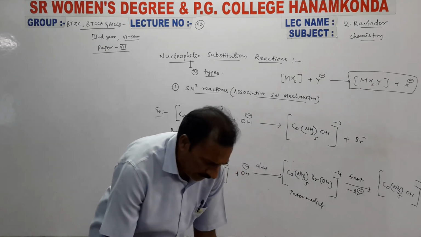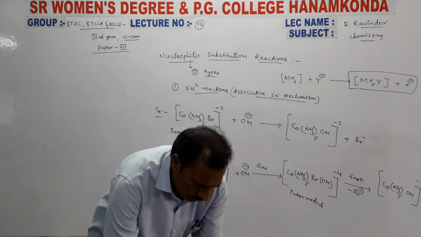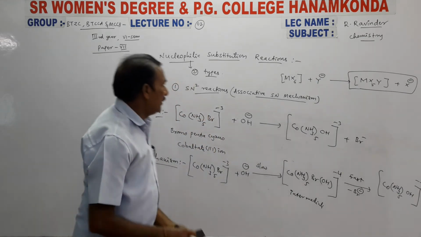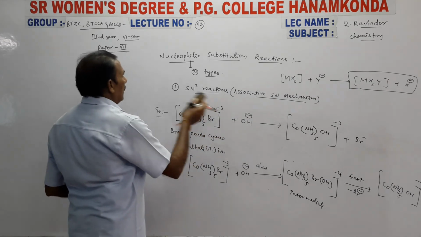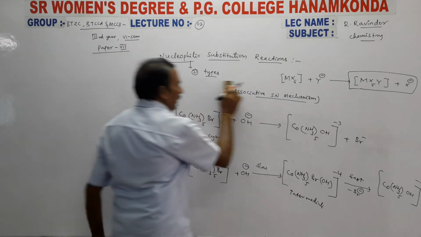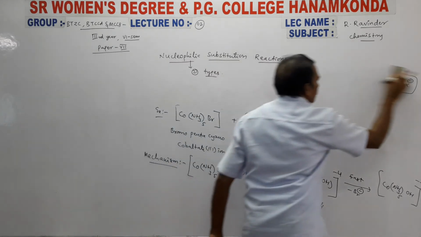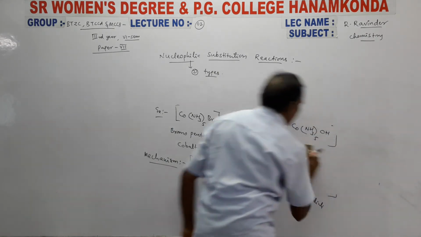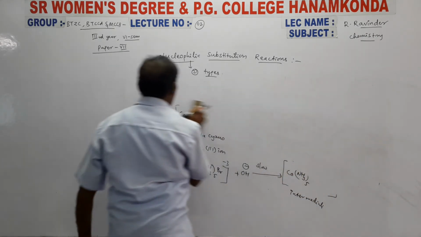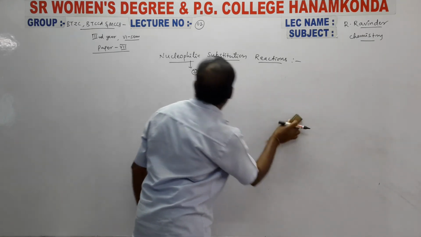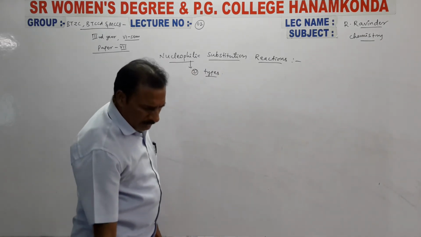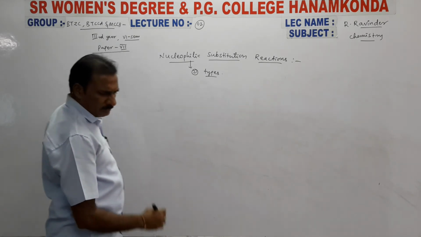Now coming to the SN1 reaction mechanism. Next one is the SN1 reaction. SN2 is an associative reaction, and SN1 is a dissociative reaction.